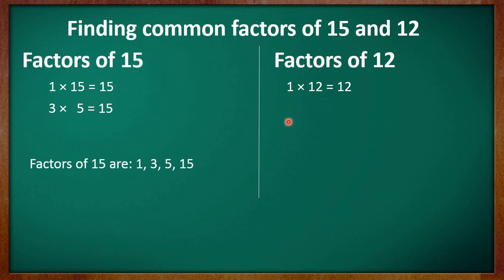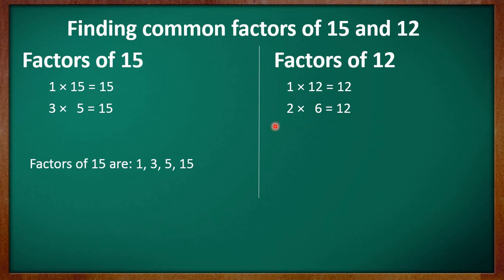Let's now check with 2. Kids, 12 is completely divided by 2. So, we may say that the divisor 2 and the quotient 6 will give us the factors of 12. So, we will write them as the factors of 12 in this multiplication fact.